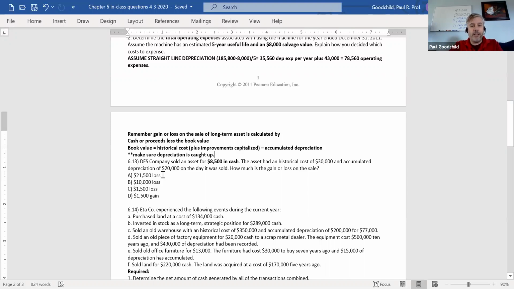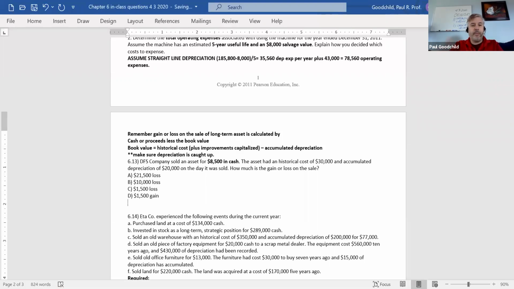So pay attention to the dates. If you have that, you may have to calculate the depreciation for a half year or something like that. And remember, we use a formula similar to the principal times interest. We just calculate it out for the needed months and add that to the accumulated depreciation.